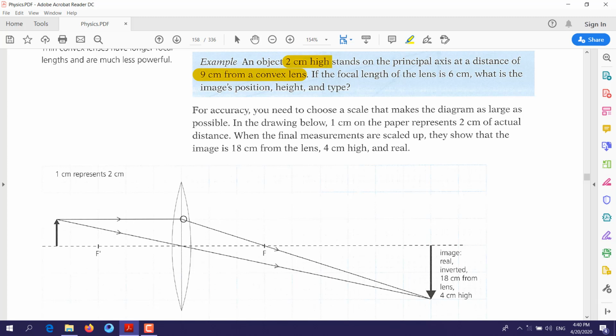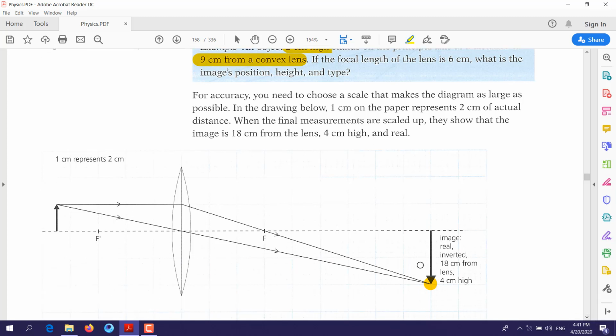When it bends, it should pass through the principal focus, and we continue drawing it. Then another line from the top of the object, a straight line passing through the center point of the lens, until they meet in a point. So here now the two rays met here.